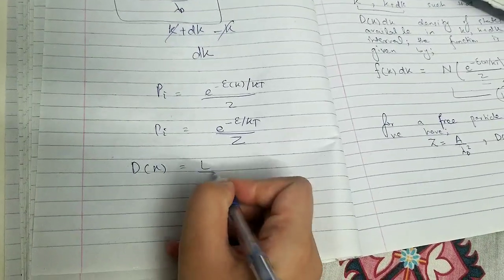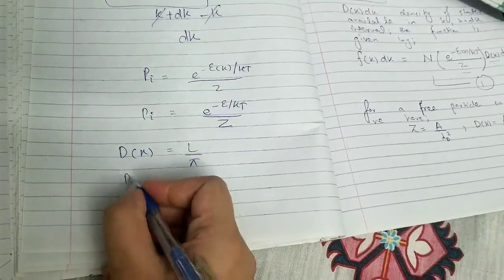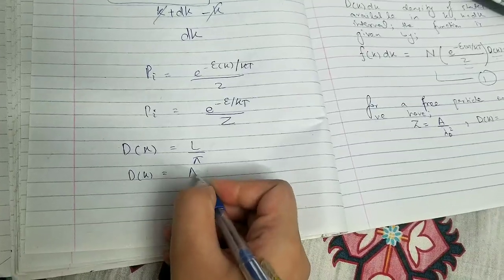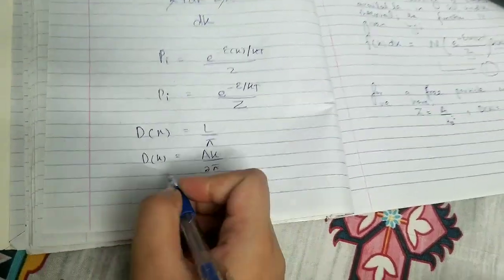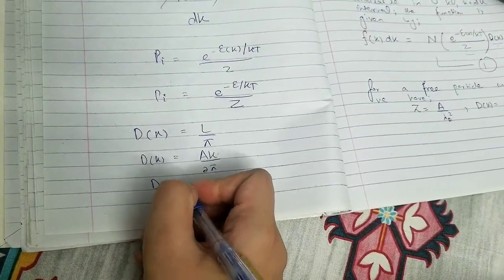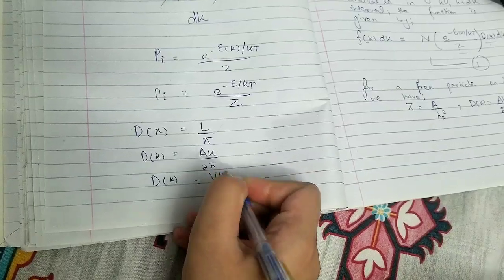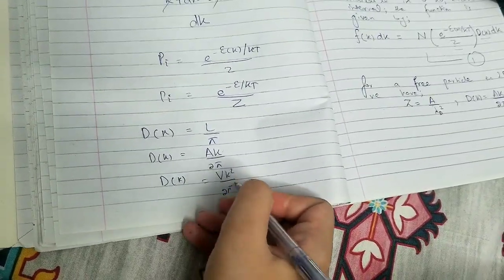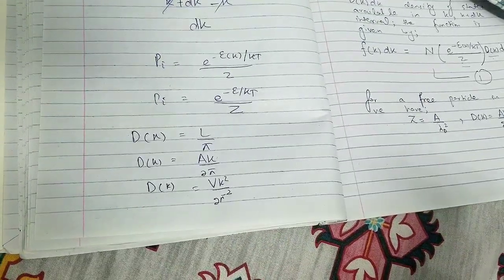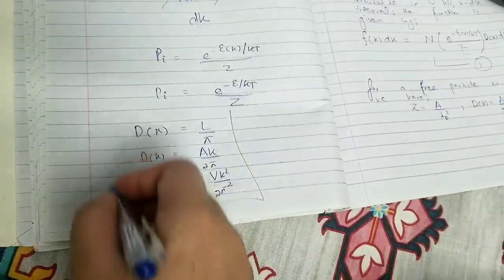For 1D, it is L over pi. For 2D, it is ak by 2 pi. For 3D, it is vk square by 2 pi square. So simple as that.